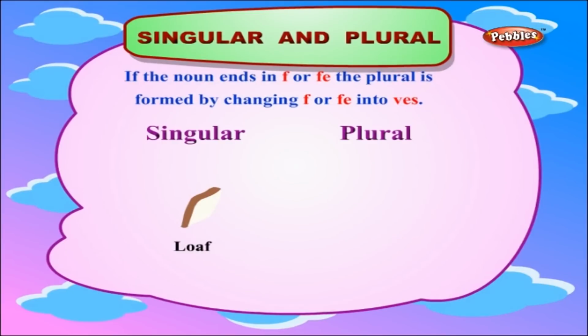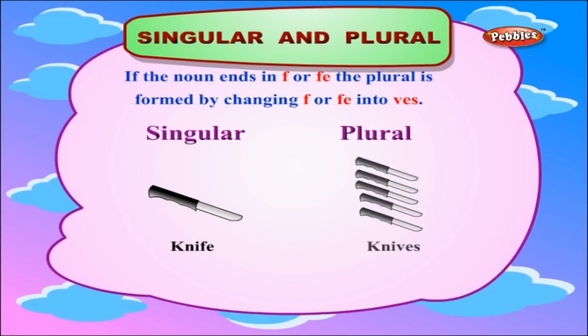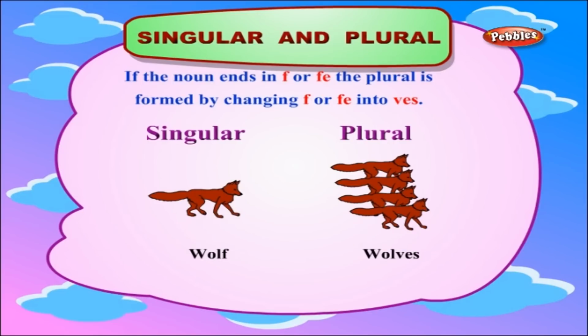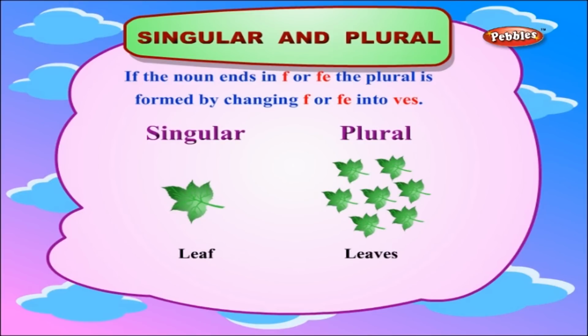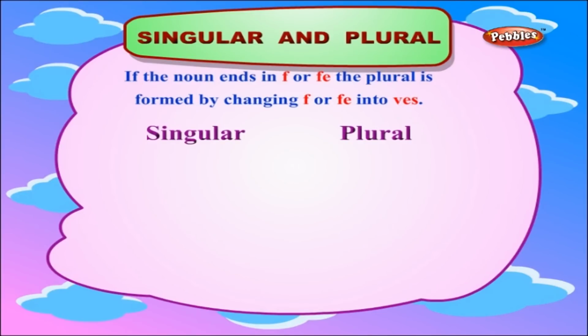Examples: loaf, loaves; knife, knives; wolf, wolves; leaf, leaves. There are some exceptions to this rule. They are dwarf, dwarfs; roof, roofs.